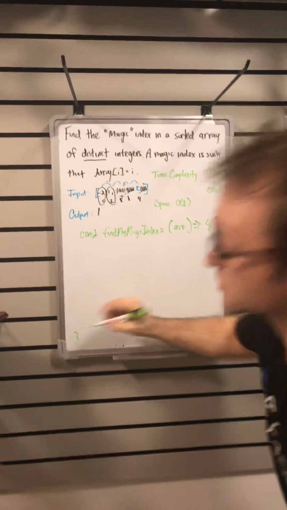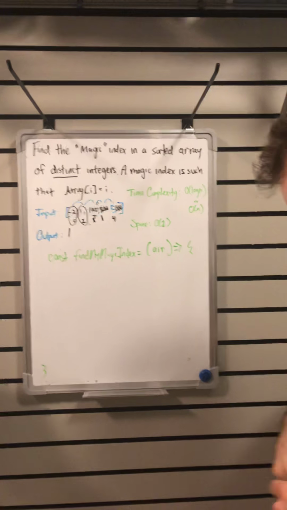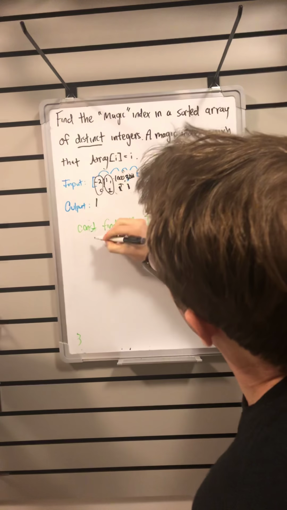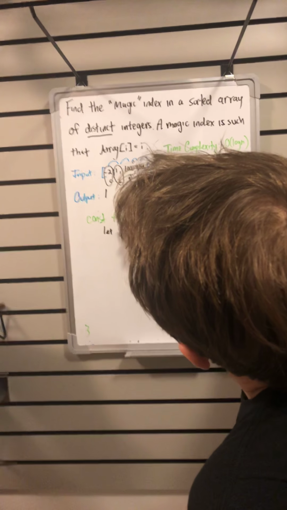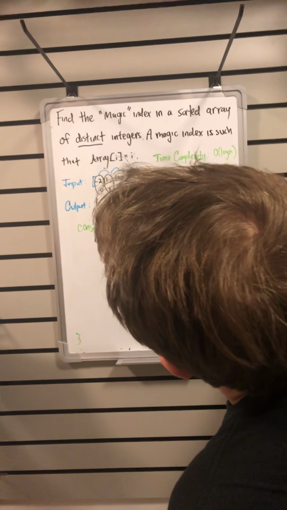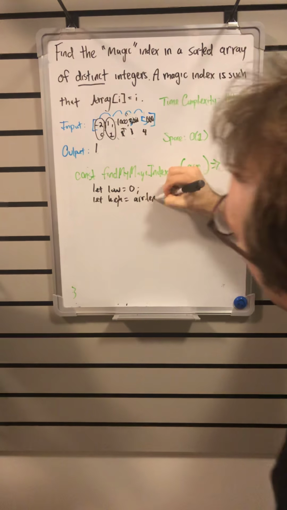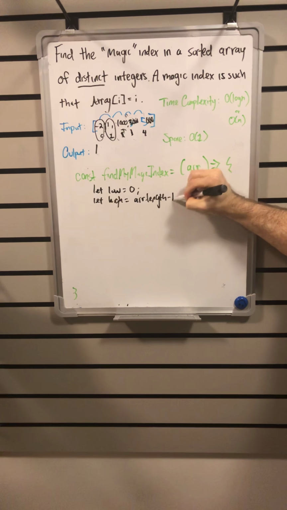And it's a sorted array, not just any array. And we're going to do some stuff now. So, first thing we're going to do is we're going to assign our low. We're going to say it's 0. We're going to assign our high. We're going to say it's the array dot length -1.